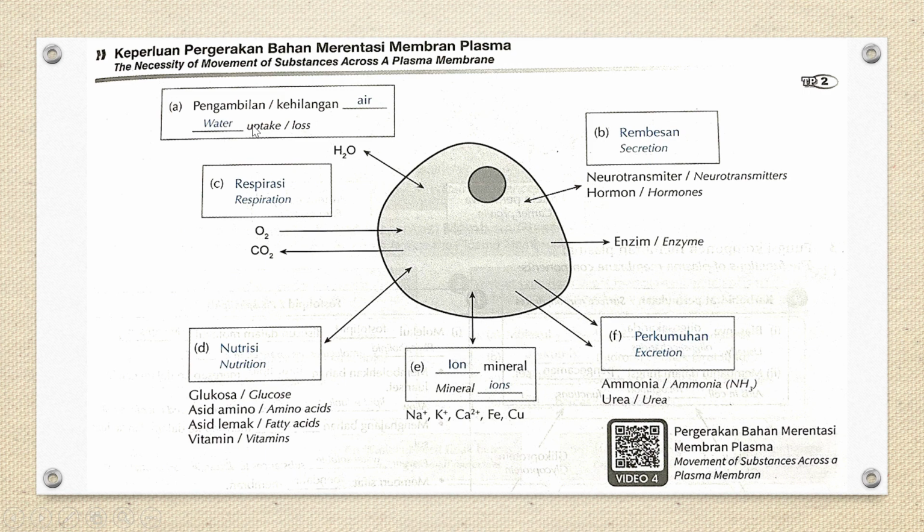You see water uptake or water loss, secretion, respiration, nutrition, ions, as well as excretion. So these again summarize the necessity of movement of substances across a plasma membrane.